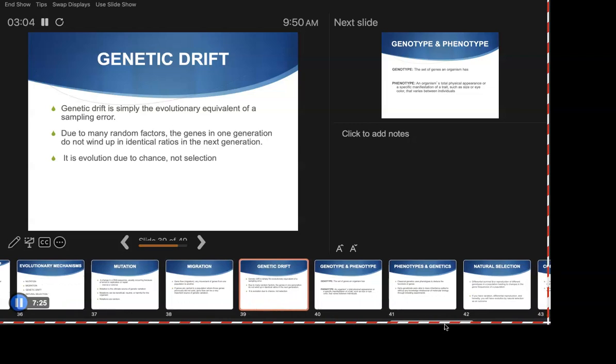Genetic drift. Genetic drift, again, is back to randomness. We have a cool lab that I like to do in my historical geology class, 102, where we've got 50 red beads and 50 blue beads. The idea is that they simulate random mating, which again makes everybody giggle.